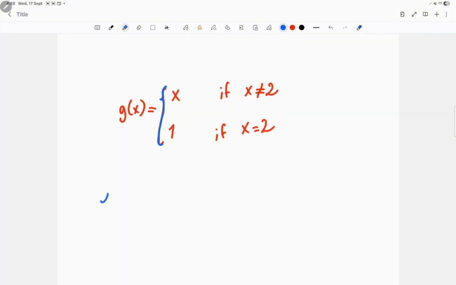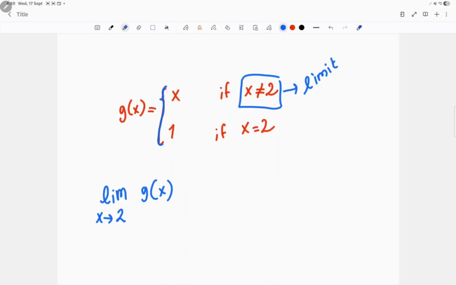Now, someone is going to say, what's the limit as x approaches 2? What would you say? Would you say this or would you say that? Because it does not equal to it, that's limit. It's approaching it, but not equal to it.